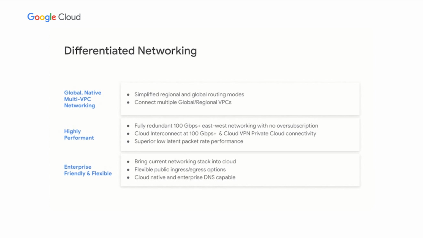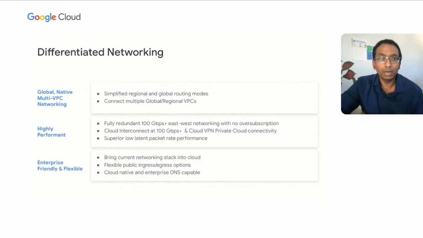Finally, with Google Cloud VMware Engine, your current networking vendor solutions can be brought to the cloud. We offer flexible public ingress and egress options with support for three different ways for workloads to get access to the internet: via the Google Cloud VMware Engine Edge, the Google Cloud Edge, or your own corporate DMZ. We also have built in integration with Cloud DNS, and you can also bring your own corporate DNS.